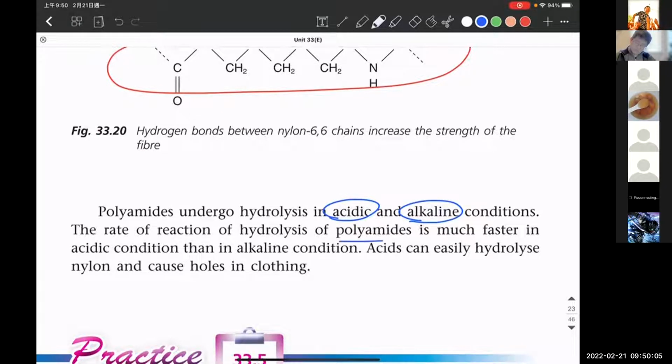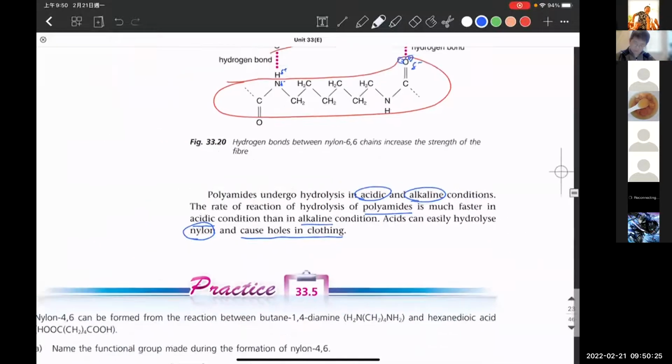If you want to break down polyamide, acid is faster than alkaline solution. So that's why if you wash nylon clothes, never wash them with acid, because after washing for a long time, it will cause some holes in the clothing.